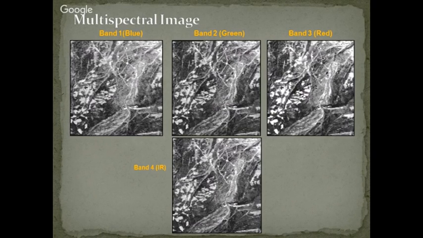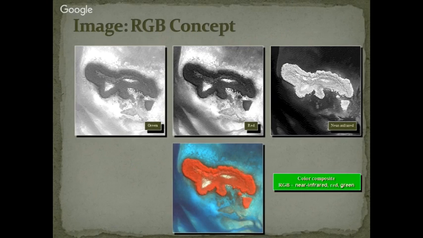So individual bands give you black and white satellite images, and only when we fuse them together do we get the color composite. This is another example of three different bands used: green, red and near infrared. We have taken two satellite images, green and red, from the visible spectrum, and the near infrared part, which our eye cannot detect.